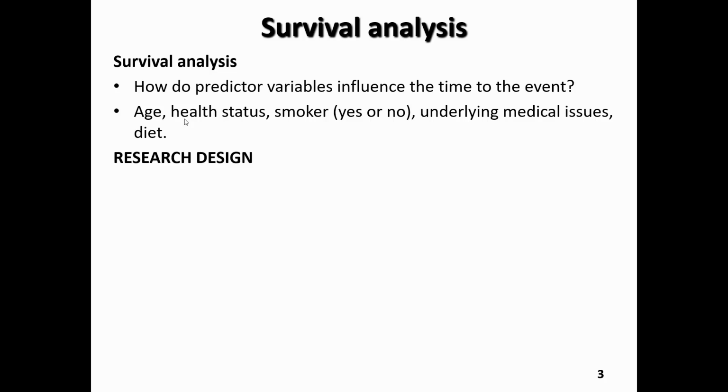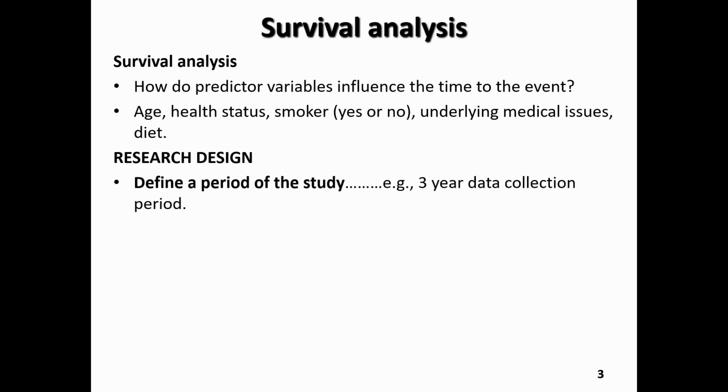Now, in terms of setting up a research design here, the first stage is that the period of the study needs to be identified by the researchers. So for example, a 3-year period of data collection. And researchers have a wide range of reasons for defining the period of the study.